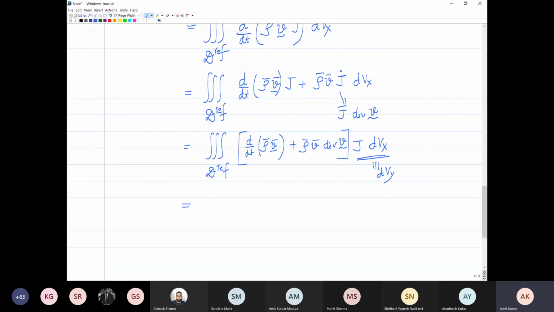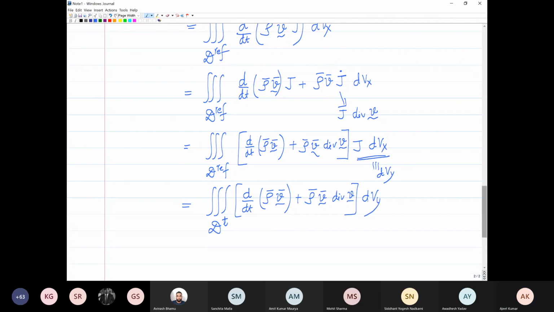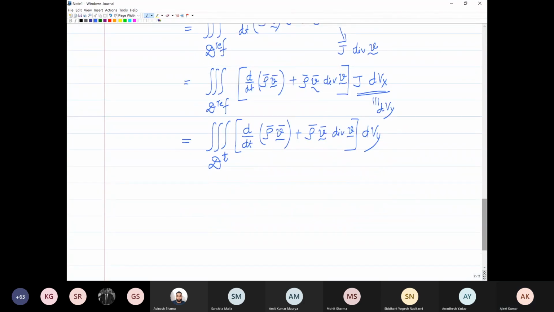So this is then equal to, switching back to the current domain, the integral over the current domain of d/dt of rho v plus rho v divergence of v, dVy.